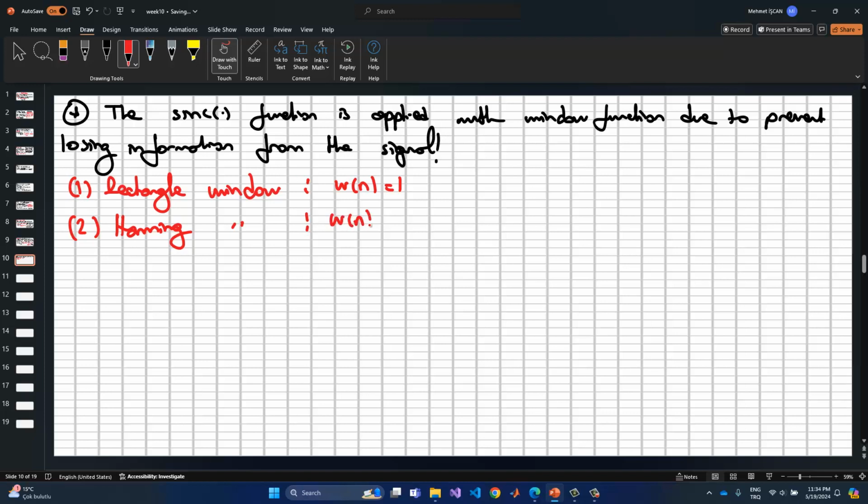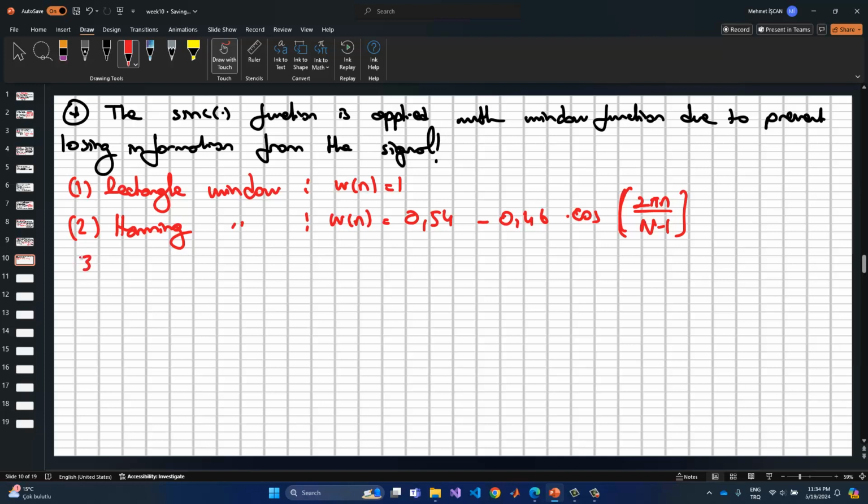The Wn function 0.54 minus 0.46 times cosine 2 pi n divided by N minus 1. Okay, this is like the curvature of these terms.